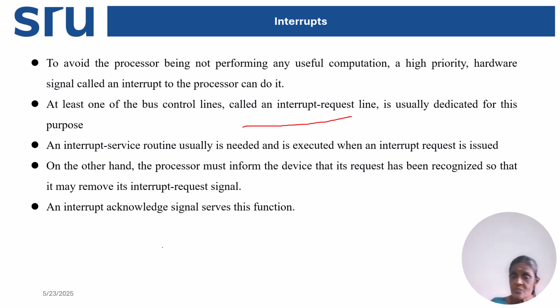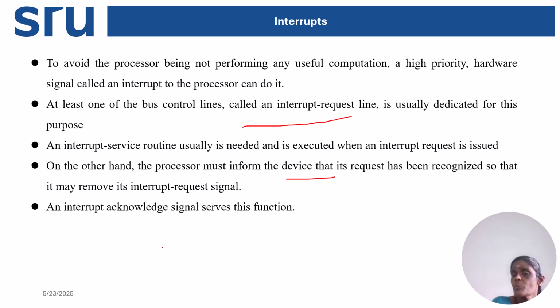By recognizing the signal, the processor understands that an interrupt has occurred. An interrupt service routine, ISR, is usually needed and is executed when an interrupt request is issued. On the other hand, the processor must inform the device, meaning the input or output external device.